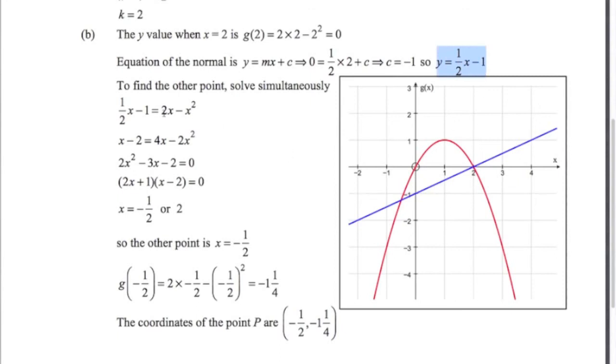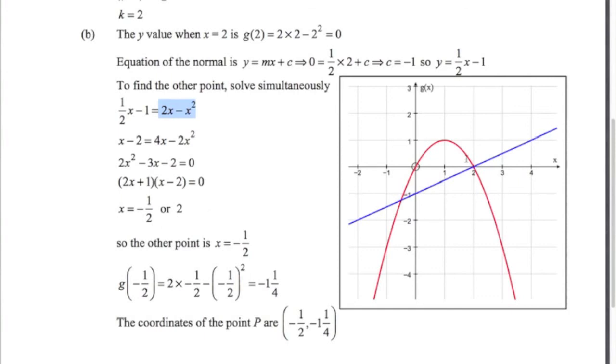To find the other point we just solve simultaneously. A half x minus 1, that is the blue line, equal to 2x minus x squared, that's the curve. Times everything by 2 to get this step. Rearrange to get everything on one side equal to 0. We've got a quadratic, which we can then factorise, giving me x equals negative a half or 2.